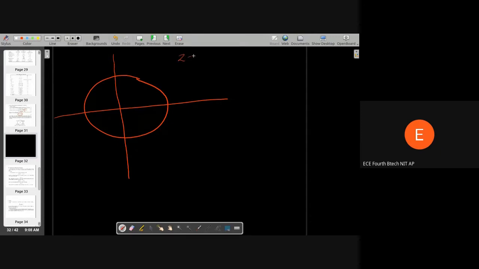This is your Z plane, and we can express, let's say, H of Z, the system transfer function, in some factors of Z. So Z minus, let's say, Z0, Z minus Z1, and Z minus Z2, Z minus Z3.